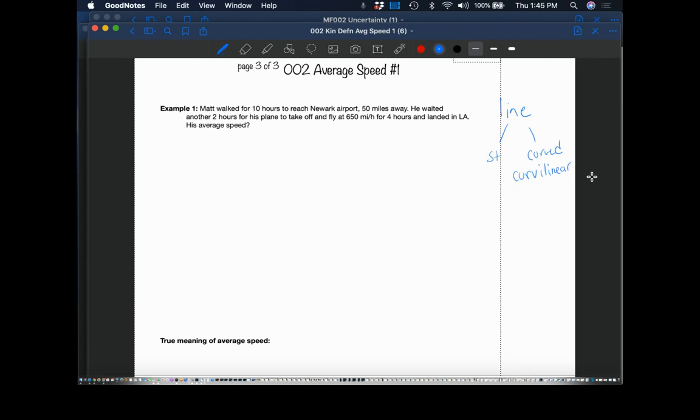But just seeing the word line does not mean it is straight. We call train routes train lines: the Hudson Line, the Harlem Line, the New Haven Line. A train track itself may be very crooked. It would have turns side to side, and it goes up and down. So it is in no shape or form straight.